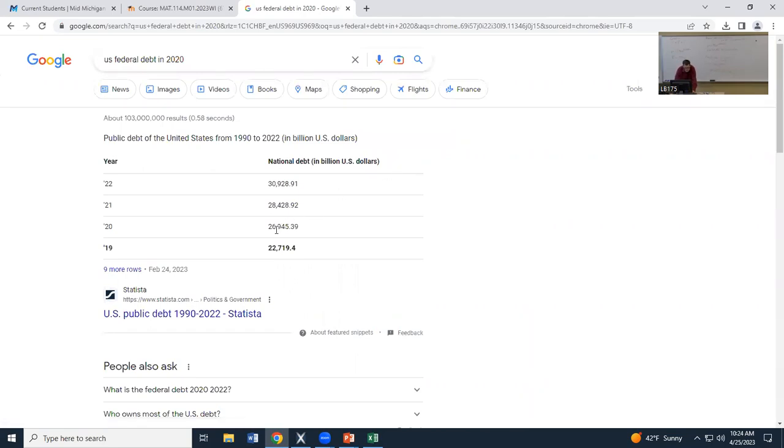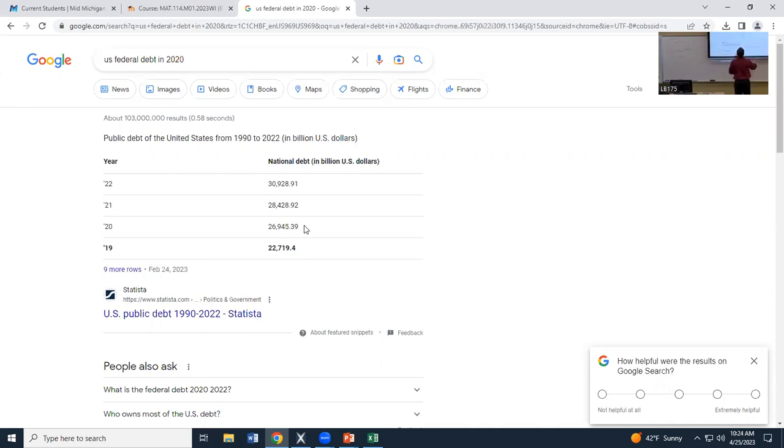All right, it looks like the national debt in 2020, probably at the start of the year, was about 26.945 trillion.